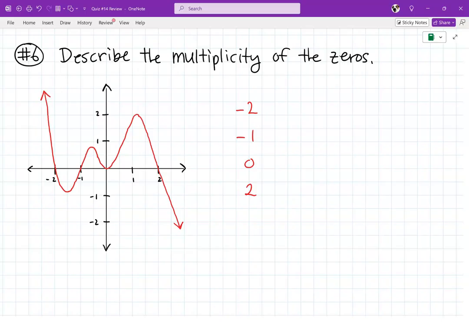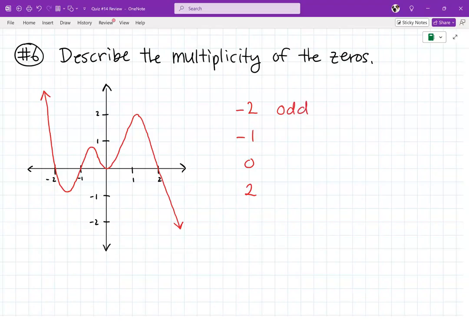What's the multiplicity on -2? Now, I don't mean give me a number. Even or odd, what is it? For this one right here, -2. Notice it's going through. What is that, even or odd? Even? No, it's odd. Odd goes through.